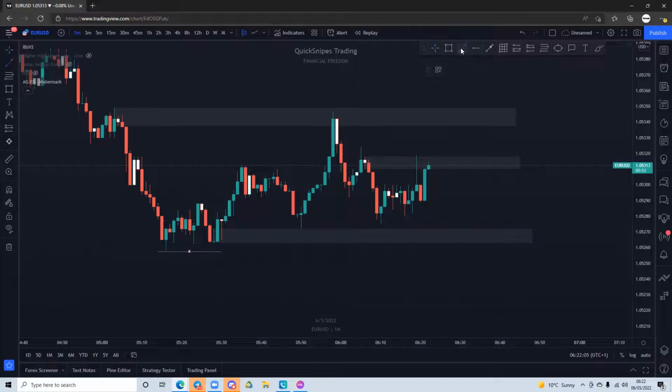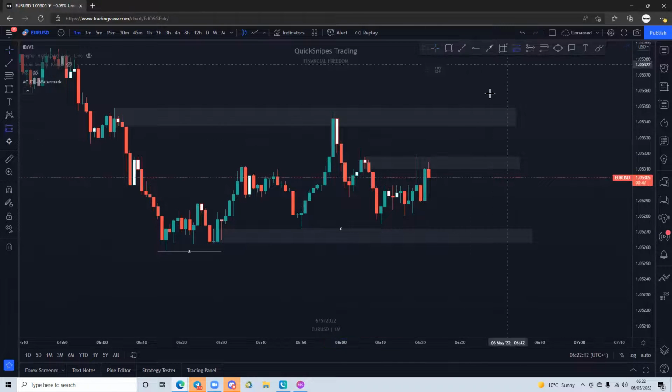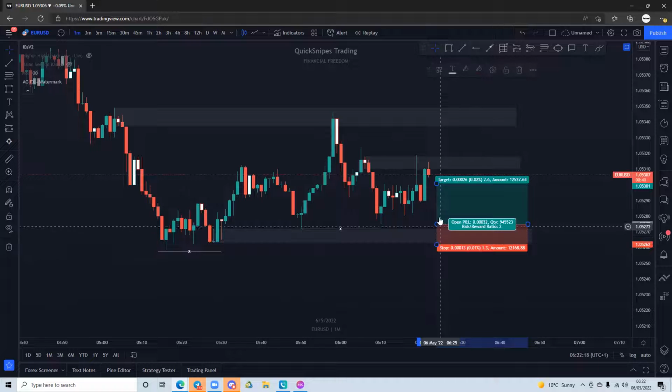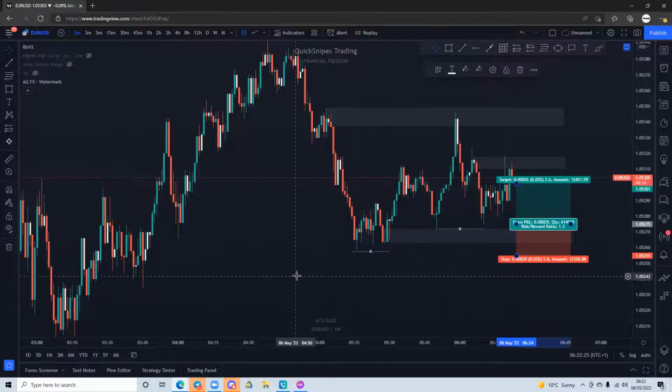Maybe there's potential liquidity under these lows, so it could be that we're looking for this sort of a trade. However, we need to keep in mind this liquidity.